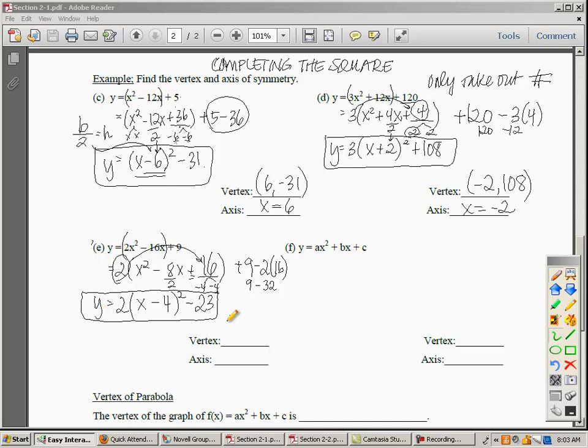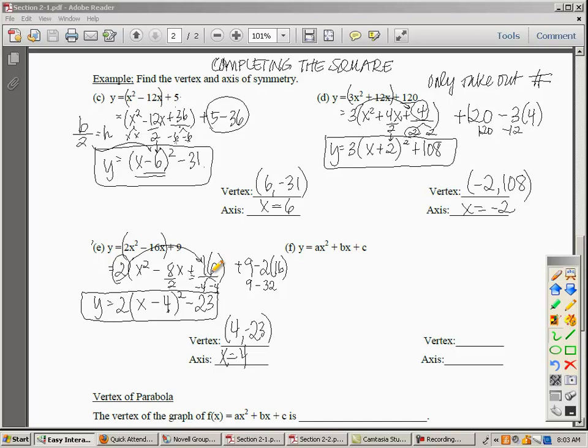My vertex then occurs at the point (4, -23). And my axis of symmetry is at x equals 4. So again, easiest way, take the b value and divide it by 2. That's the number that goes in your quadratic in standard form. That's your h value. And you square your h basically to get the number that goes in your perfect square.